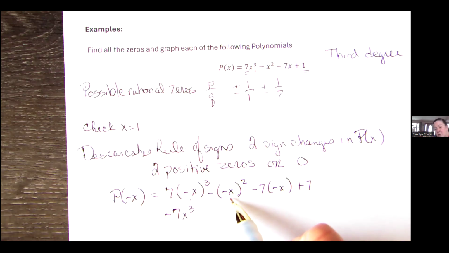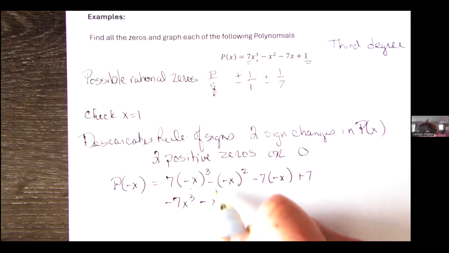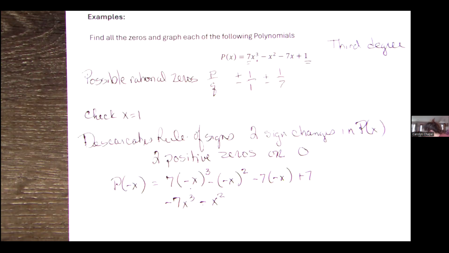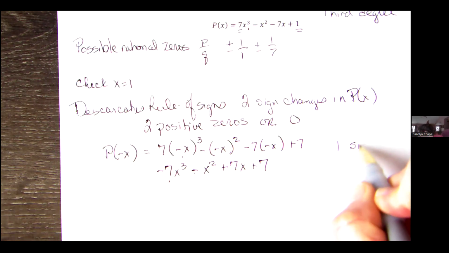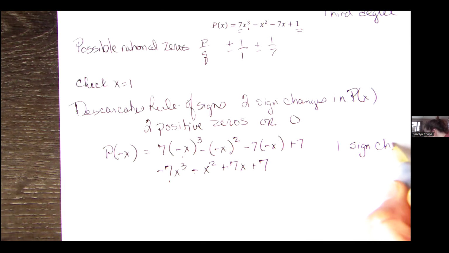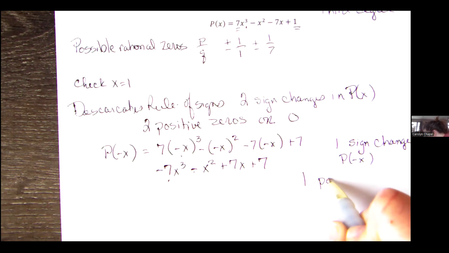Here I have a negative x squared, which is negative x times negative x, which is still the negative from here, x squared. Here I have a negative and a negative gives me a positive. And now here I have that we are negative and then we change positive, so I have one sign change in P of negative x. So that means we have one negative real zero.